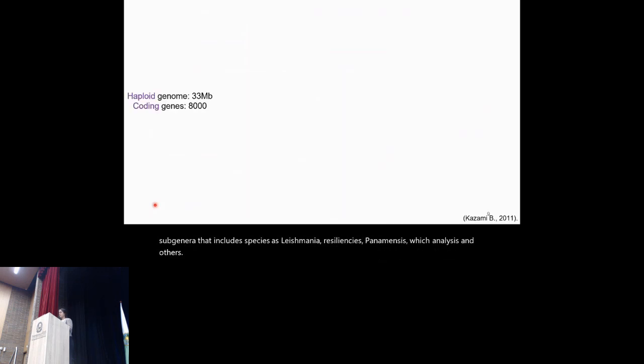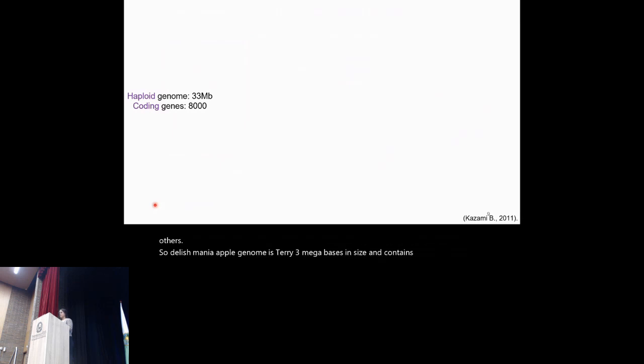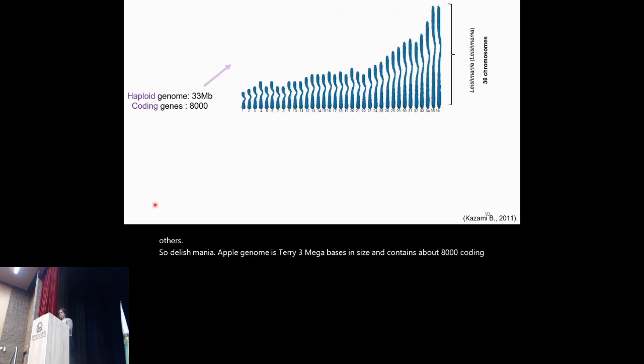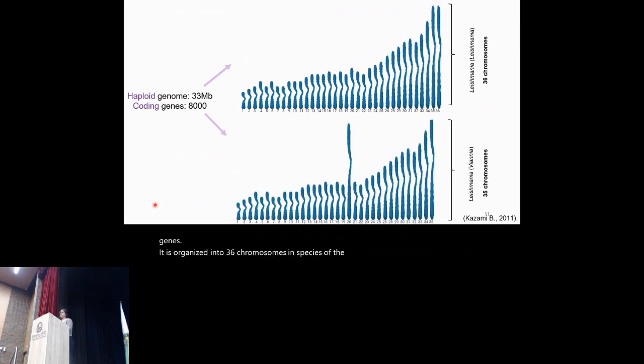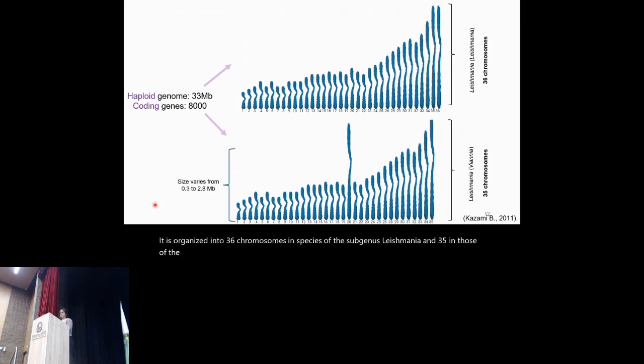The Leishmania haploid genome is 33 megabases in size and contains about 8,000 coding genes. It is organized into 36 chromosomes in species of the subgenus Leishmania and 35 in those of the subgenus Viannia. Chromosome size varies from 0.3 to 2.8 megabases.